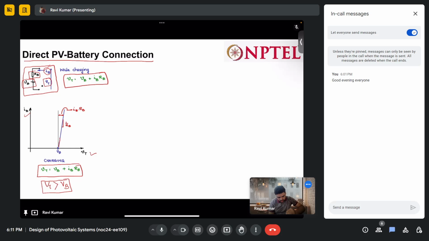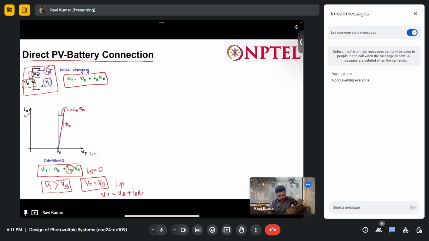This is the characteristics, because at current 0, when IB equals 0, the terminal voltage of this battery will be equal to VB, and when I increase the current, VT will become VB plus IB RB.